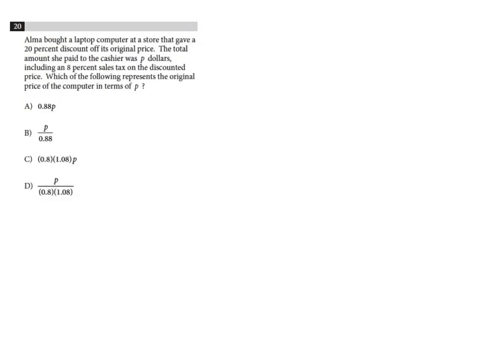Okay, number 20. Alma bought a laptop computer at a store that gave a 20% discount off its original price. The total amount she paid to the cashier was P dollars, including an 8% sales tax on the discounted price. Which of the following represents the original price of the computer in terms of P?